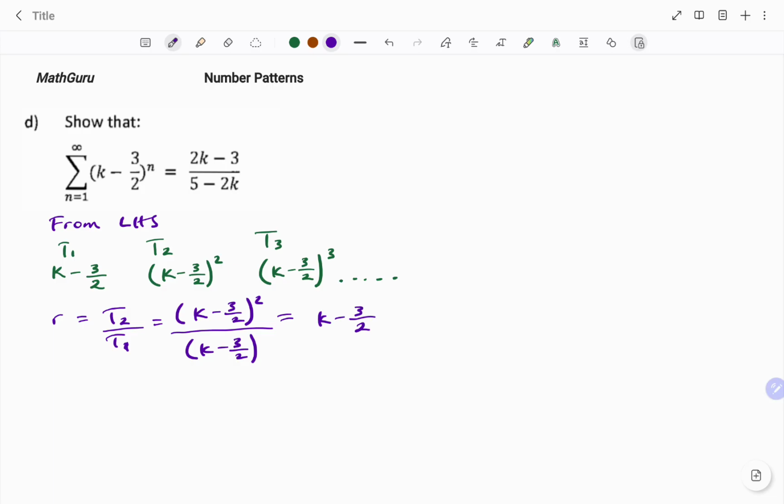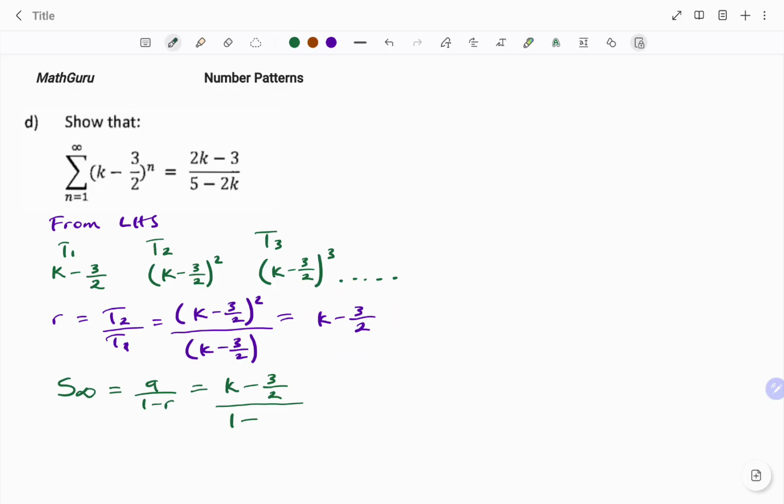So therefore, the sum to infinity, as shown, we have the formula for a geometric pattern: S to infinity is a over 1 minus r. My first term, which is a, equals (k - 3)/2 divided by 1 minus, we've been able to get the value of r, (k - 3)/2.